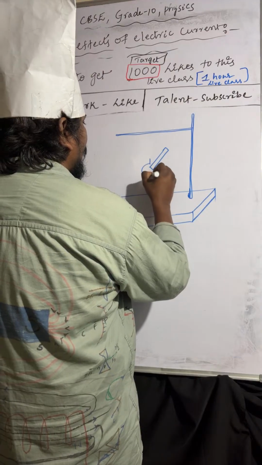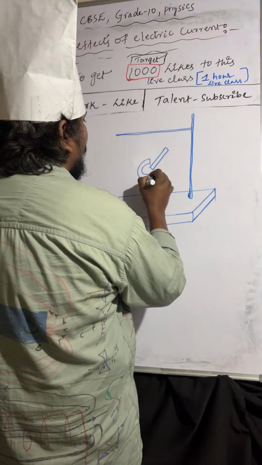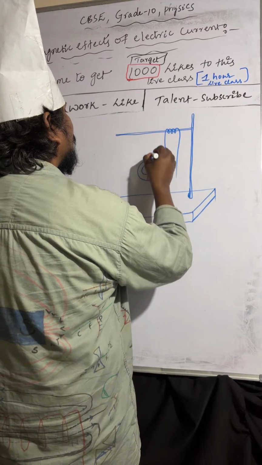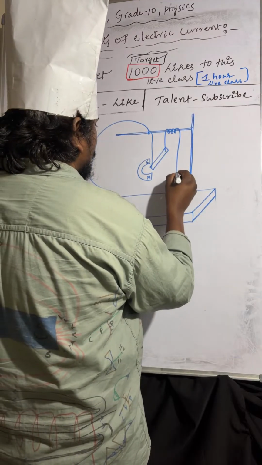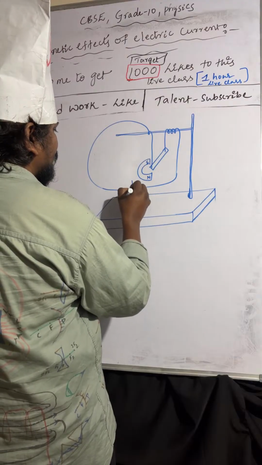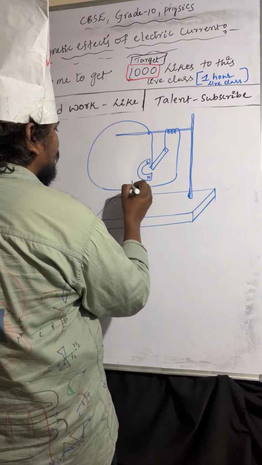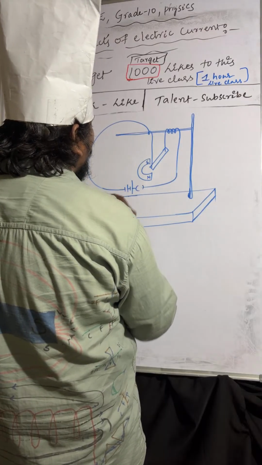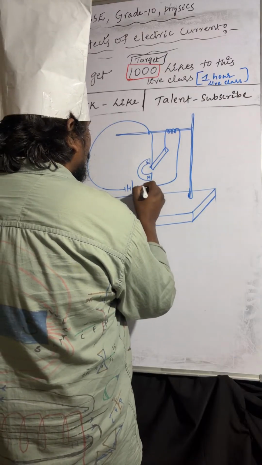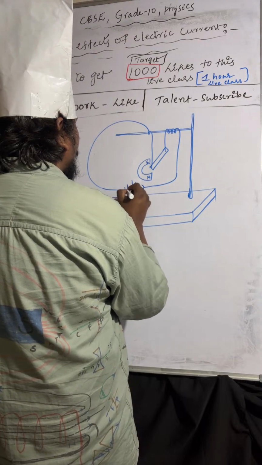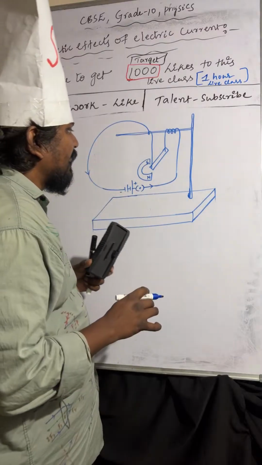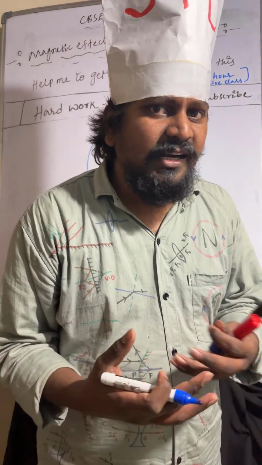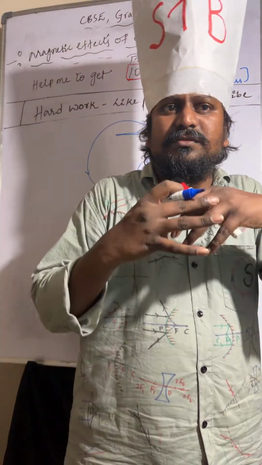I am taking a U-shaped magnet, a horseshoe magnet, with north and south poles, and I am connecting the conductor to the positive terminal and negative terminal, so current is passing like this.